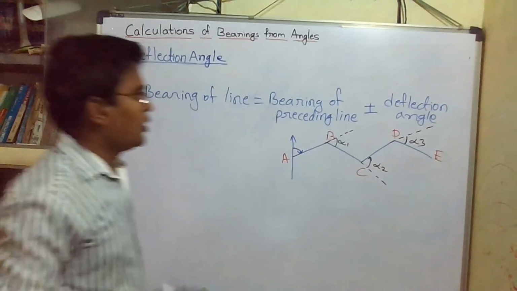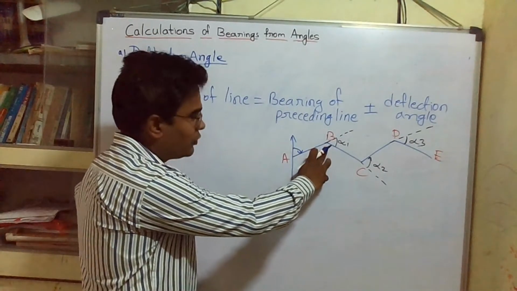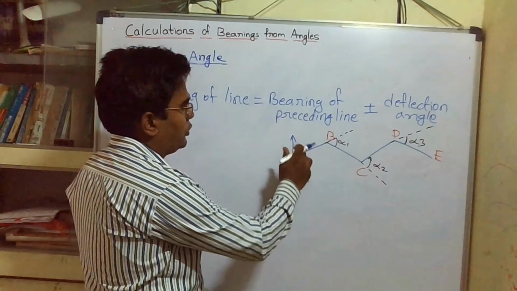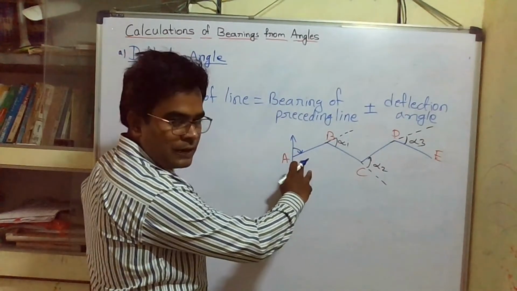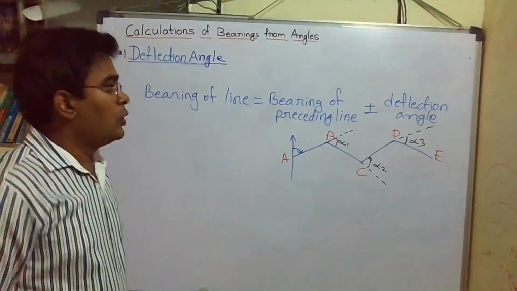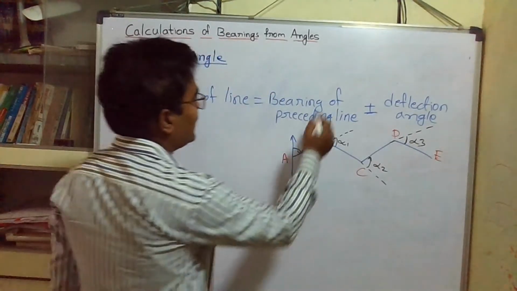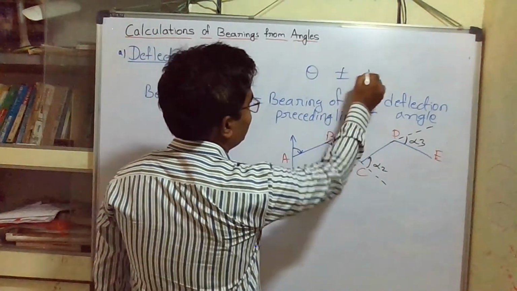Suppose we have to find the bearing of line BC, then we use the bearing of the preceding line, the bearing of line AB, plus the deflection angle alpha. Now where to use plus and where to use minus? We can write this formula as theta plus or minus alpha.